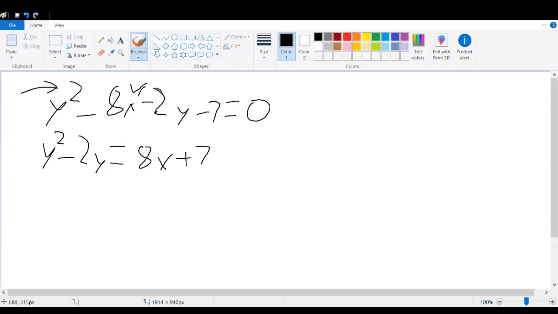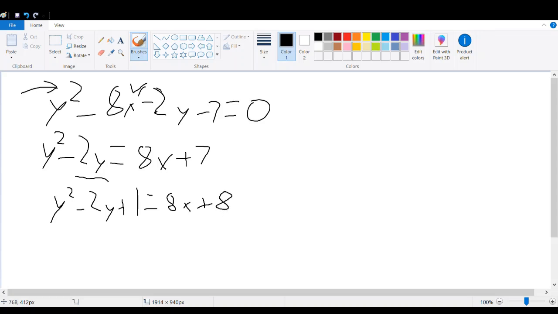Now if you remember how to complete the square, it's not that tricky. I'm not going to explain it, but basically you divide the coefficient of this term by 2 and then square it. So y squared minus 2y, and then negative 2 divided by 2 is negative 1, squared is 1, so plus 1, then add it to the other side: equals 8x, plus 7 plus 1, which is 8, so it's plus 8.